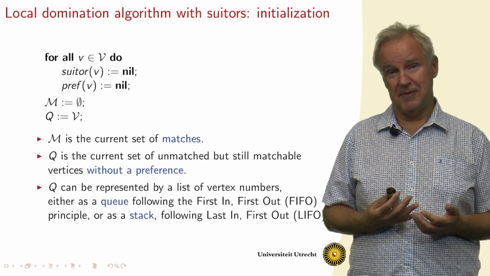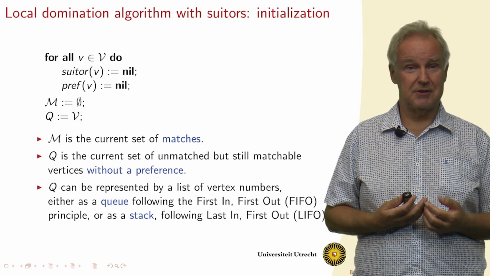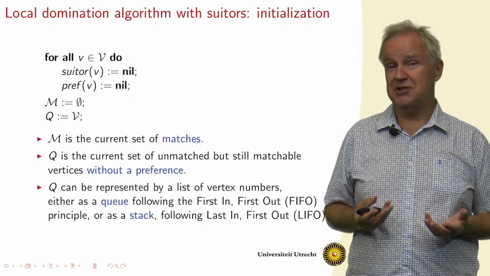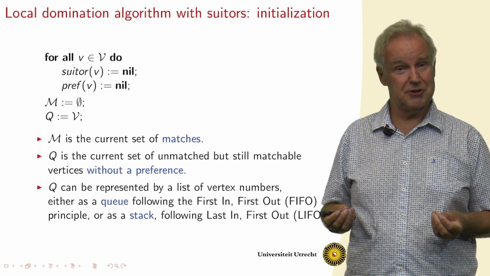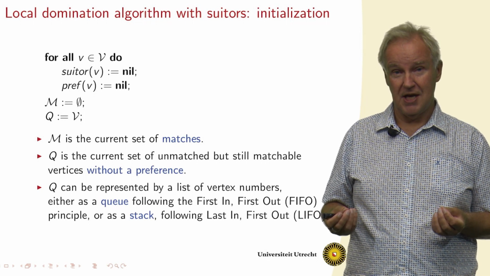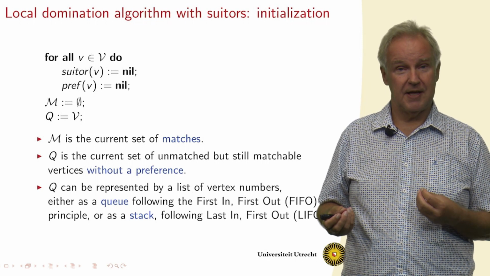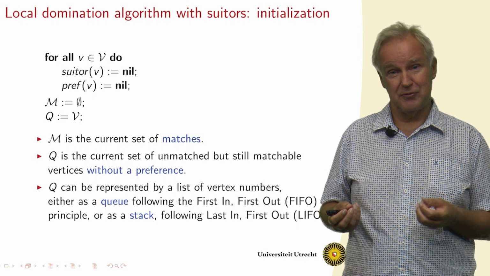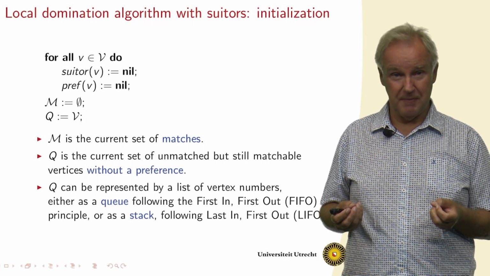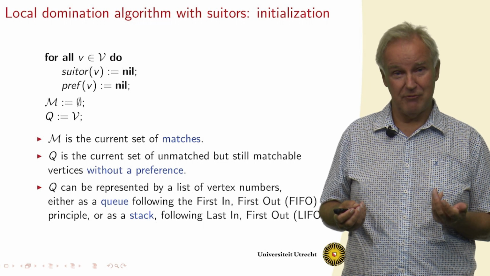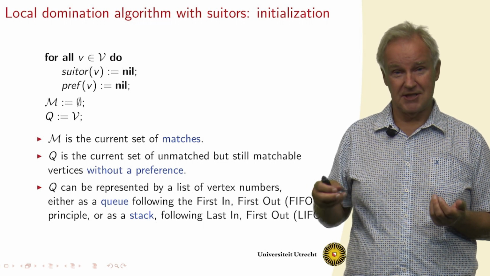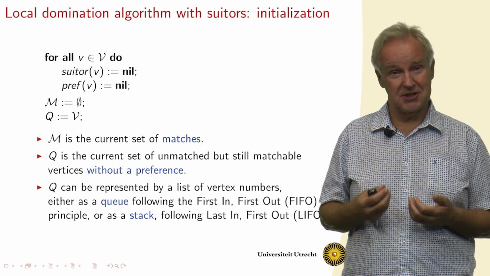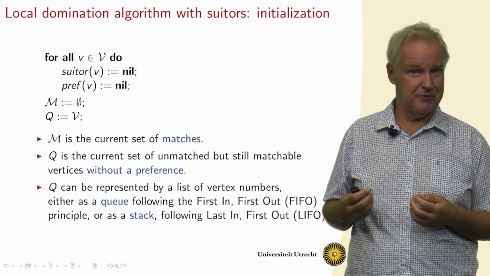Now you have some freedom in how to implement Q, what data structure to choose, because Q represents the work of the algorithm. It's the vertices for which we have to set a preference. You can decide to implement it as a queue, first in, first out, so you reset the preference only after everybody has had their chance, or you can use it as a stack, meaning last in, first out.